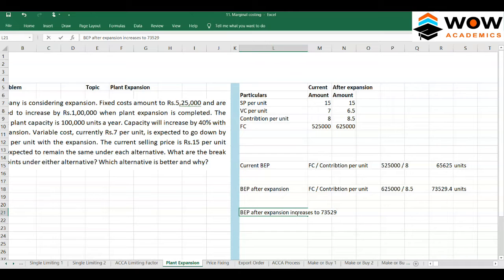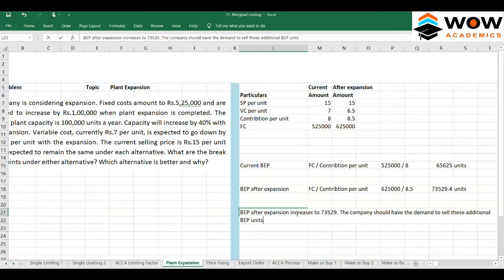So we have to say the company should have the demand to sell these additional BEP units.